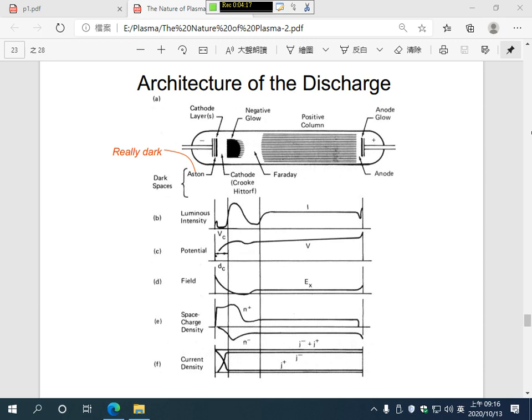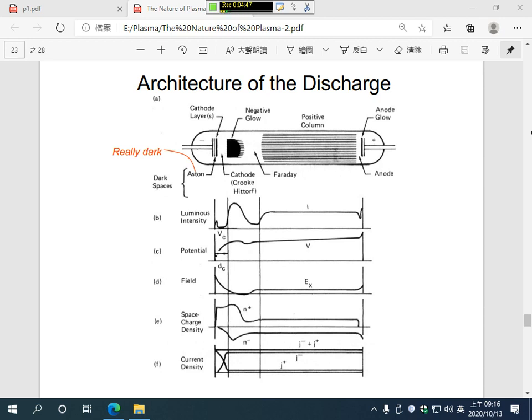But inside the positive column, the potential is almost uniform. If we divide the delta V by the length of the positive column, we can also get the electrical field. But the electrical field inside the positive column is almost equal to zero.